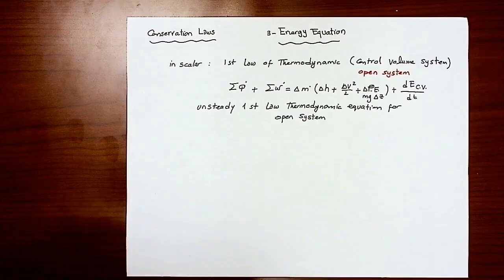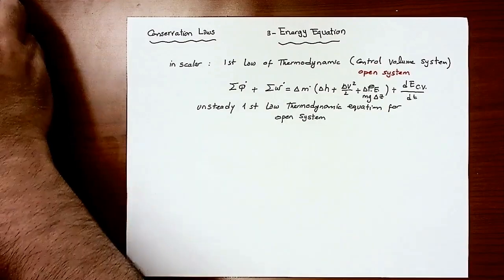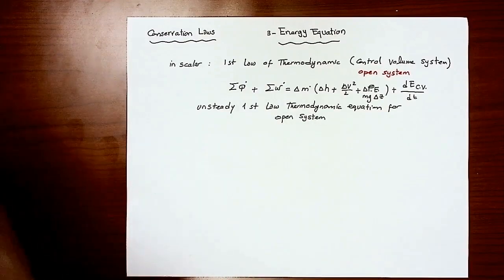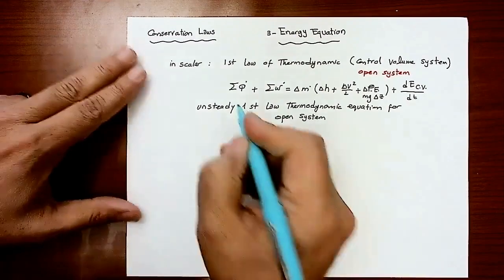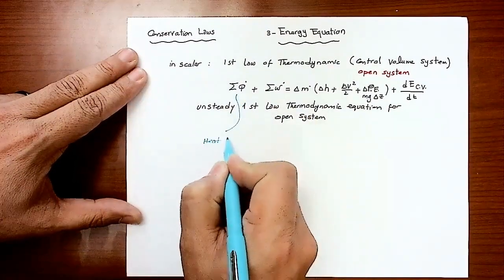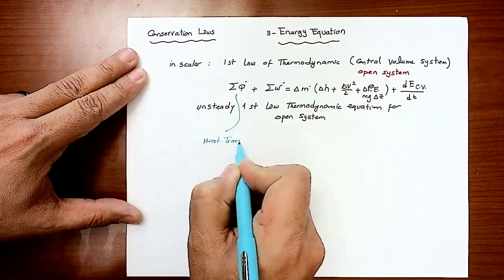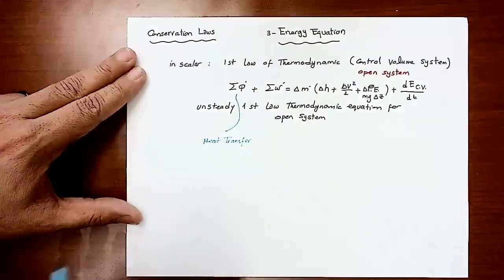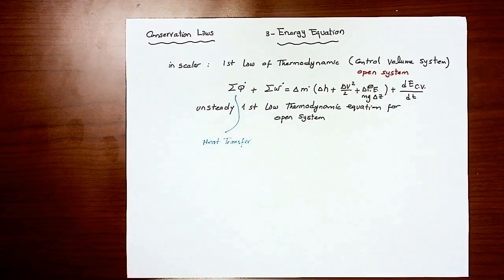So if we want to identify each term, I can say that the first term here is presenting the heat transfer. Maybe this color is not helping here, so let me get a darker color.